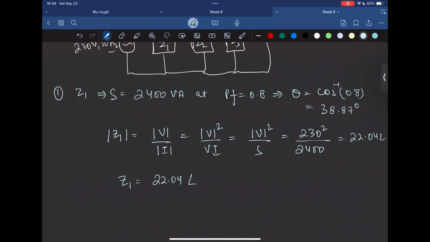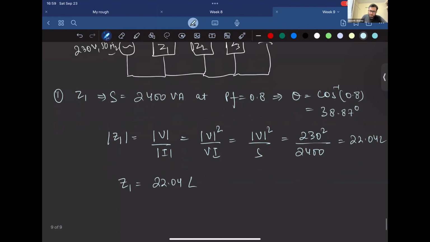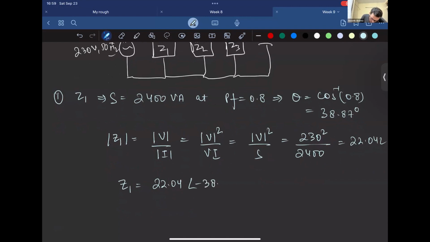Since Z1 is drawing a leading current with a leading power factor, and the angle is given by 38.87, in polar form should it be plus 38.87 or negative 38.87? It should be negative 38.87, right? Capacitor.